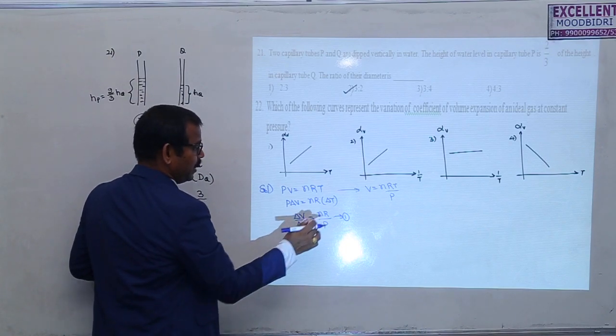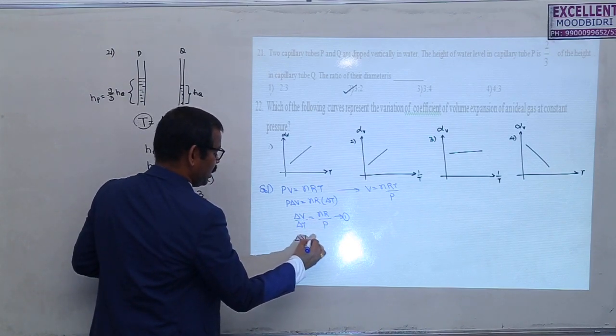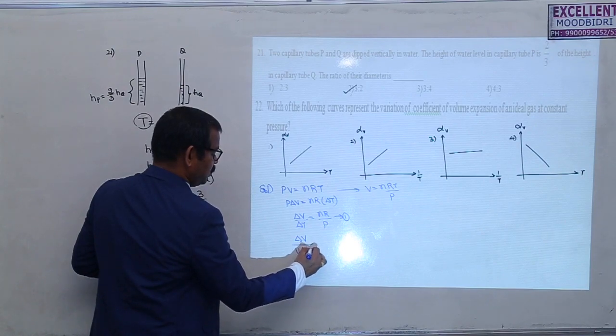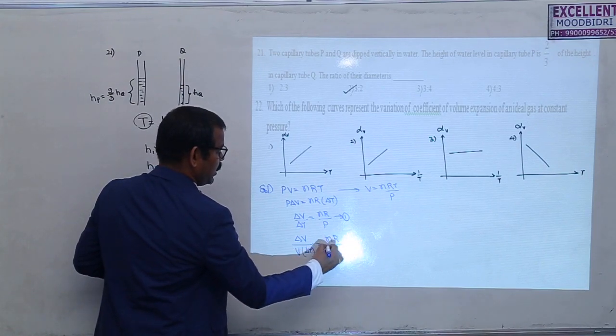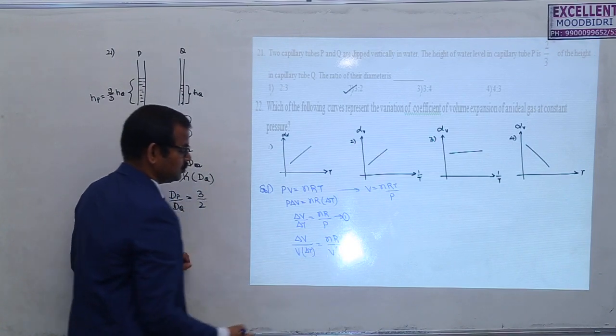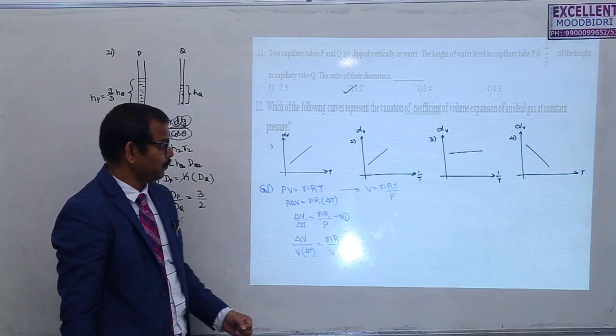If you multiply V on both sides, we can write delta V by V into delta T is equal to nR by V into P, since I multiplied both the denominators with the volume.